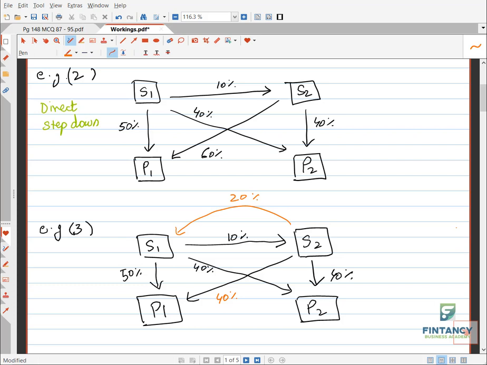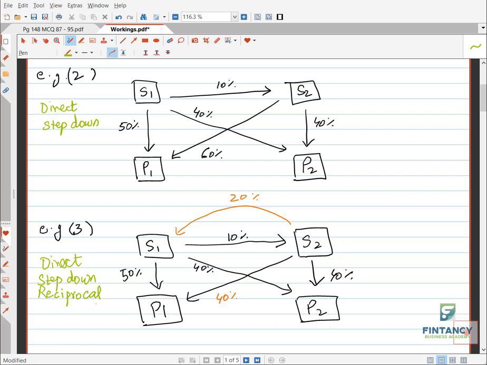Okay. In this type of scenario, we can use all the three methods. Just writing here, we can use direct, we can use step down also, we can use reciprocal also.